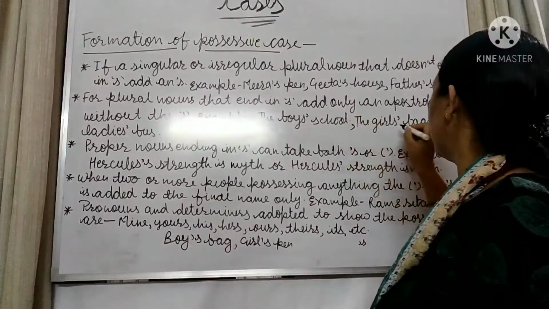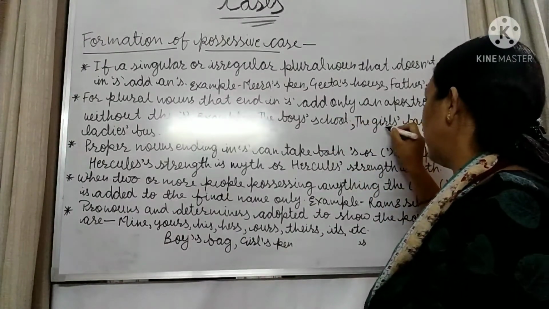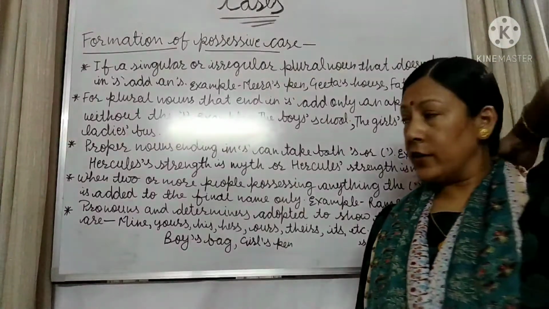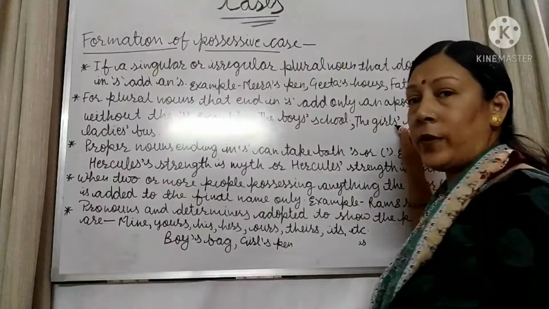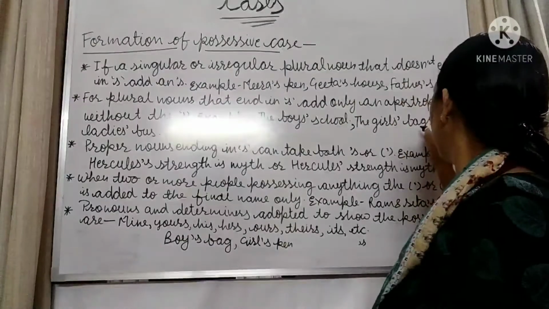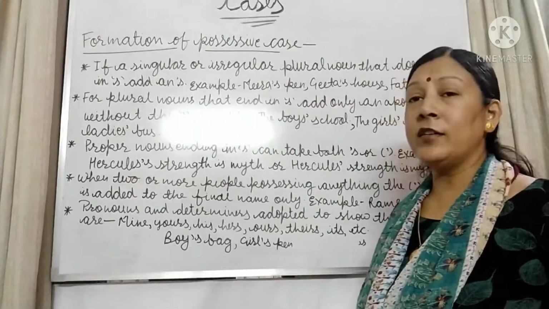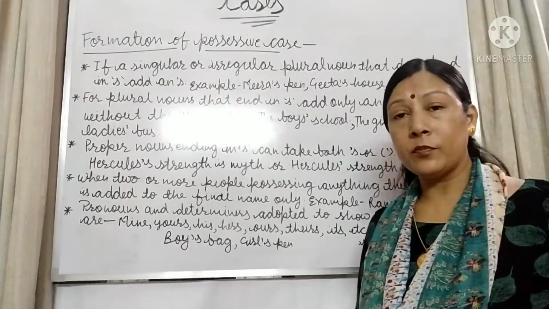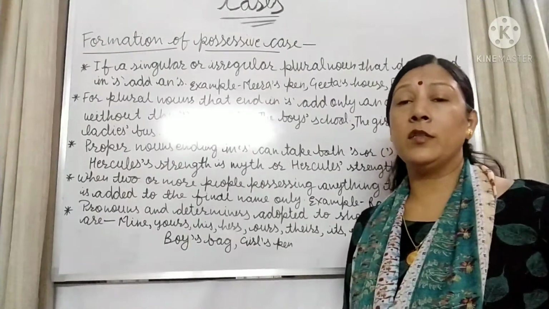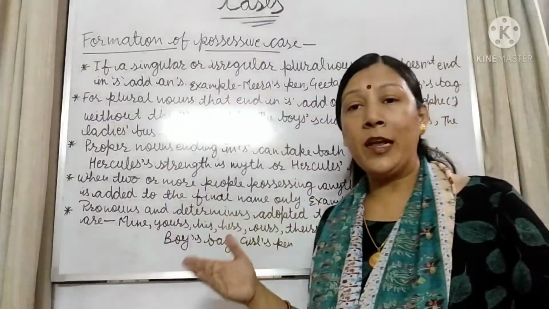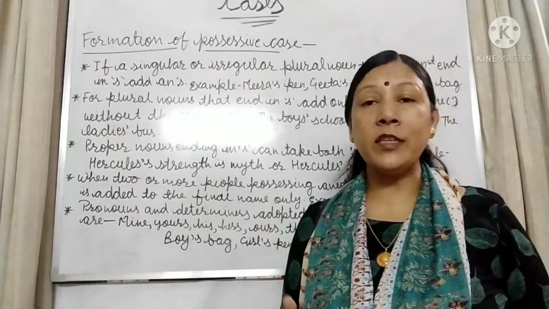Boys' school, the girls' bags. In the word girls, the s is already there, and that's why just an apostrophe is written here. Bags, the ladies' bus. So these are plural numbers. Boys, girls, ladies are plural as well as ending with s.